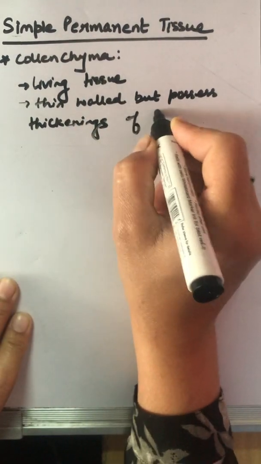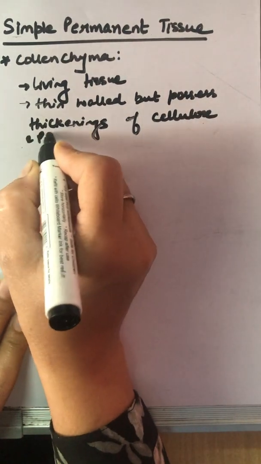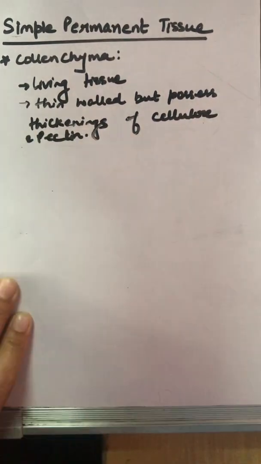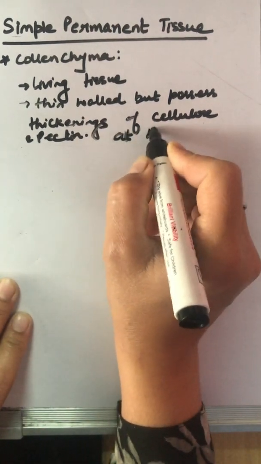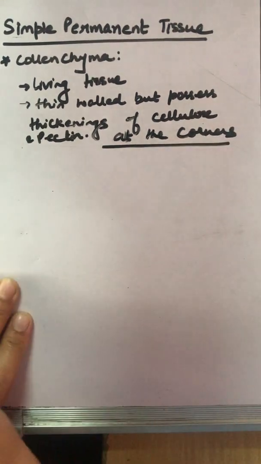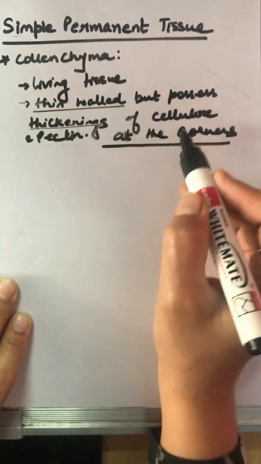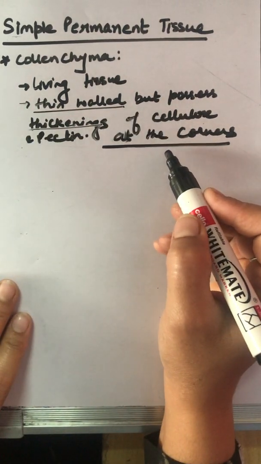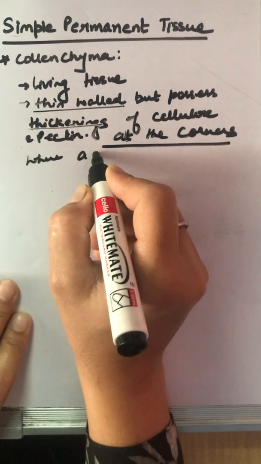Thickenings of cellulose and pectin. Where? At the corners. They are also thin-walled, but they have thickenings at the corners, where a number of cells join together.